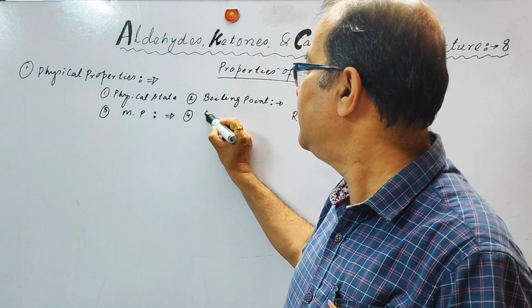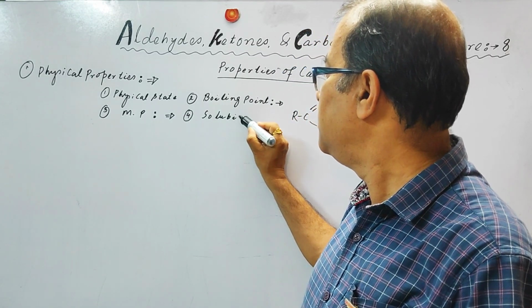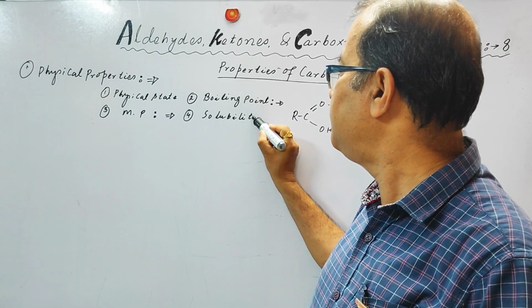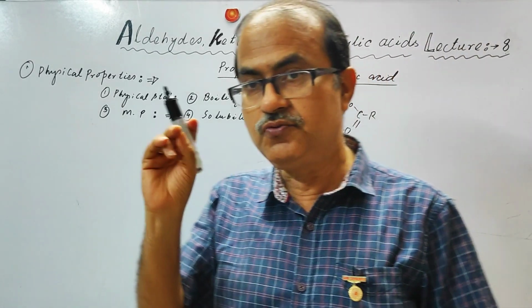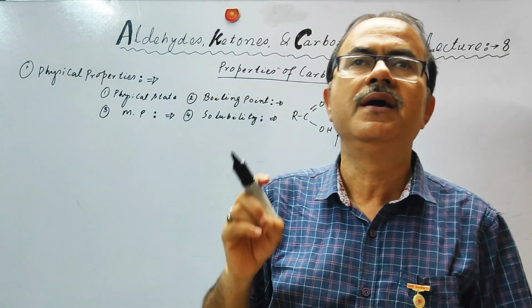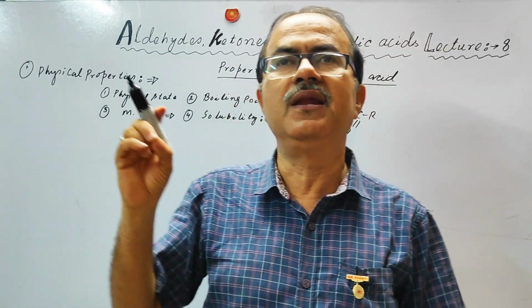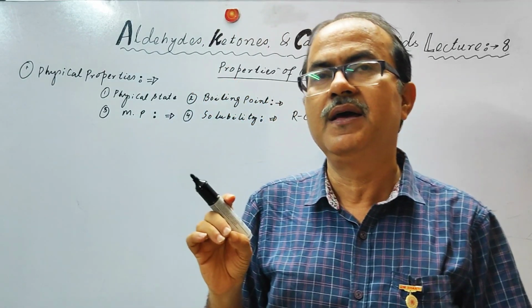Fourth point, that is the solubility. We observe that the first four carboxylic acids are well miscible in water, that is, very much soluble in water.